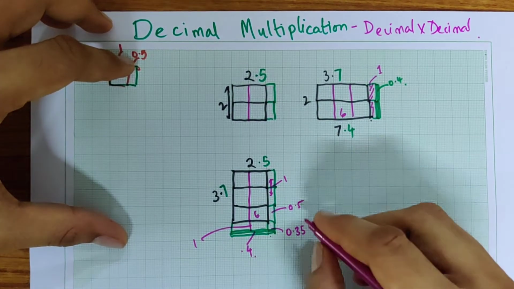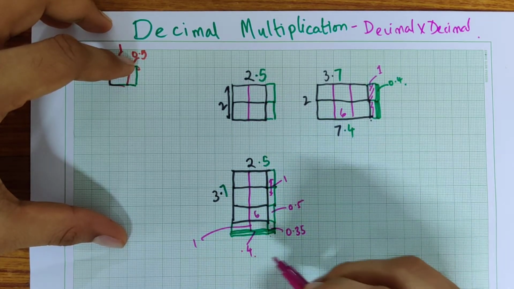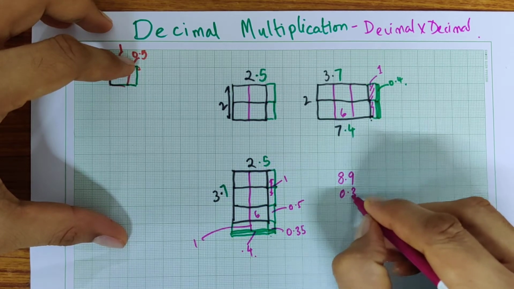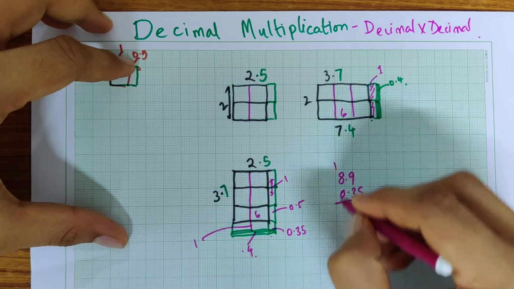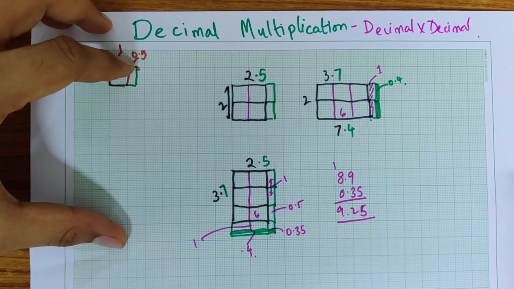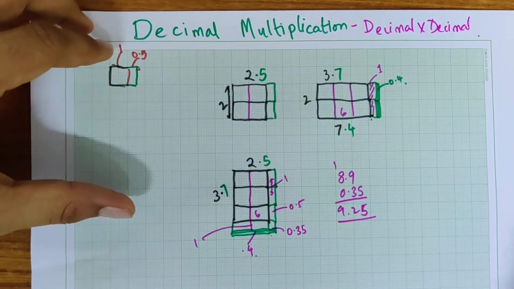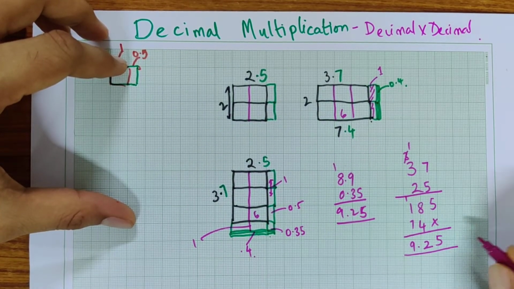So your total is 6, 7, 8, 8.9 plus 0.35. So 9.25. This is what you get. When you multiply it out and check, that's what you should get. So when you multiply it out, you get the same, right?